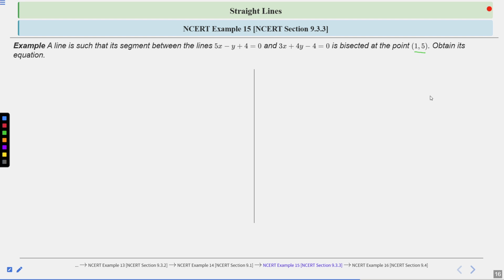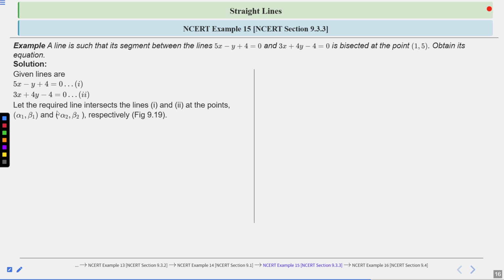So let us see the solution. The given lines are 5x minus y plus 4 equal to 0, which I am naming equation number 1, and the second equation is 3x plus 4y minus 4 equal to 0, which I am naming equation number 2.